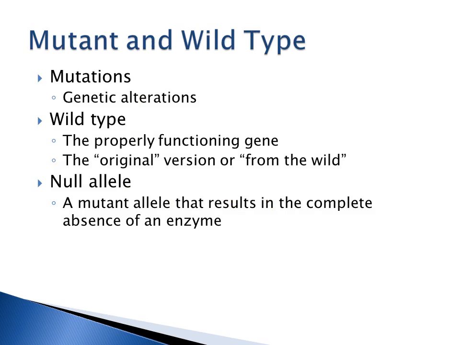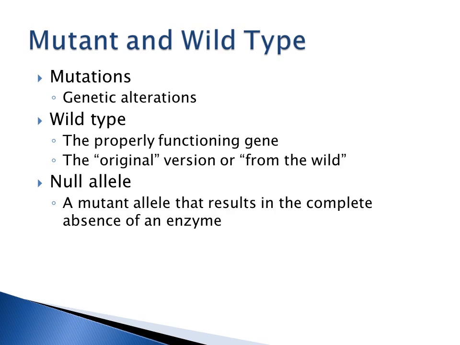Now, mutant versus wild type, which you see a lot when you're reading papers. Wild type is the properly functioning gene. It's the original version, which is from the wild, which is why it's called wild type.